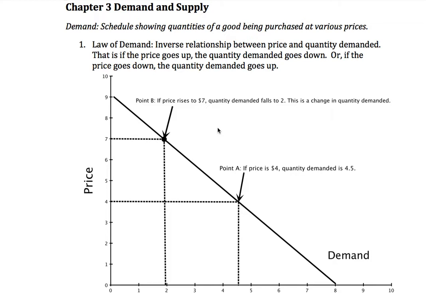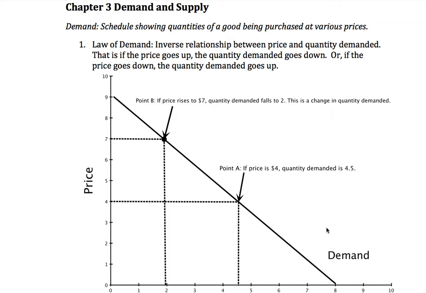That is, at point A on the graph, we have $4 and our quantity demanded is 4.5. So if the price, for whatever reason, were to rise to 7, we can see that quantity demanded will decrease to 2, i.e. there's a change in quantity demanded.